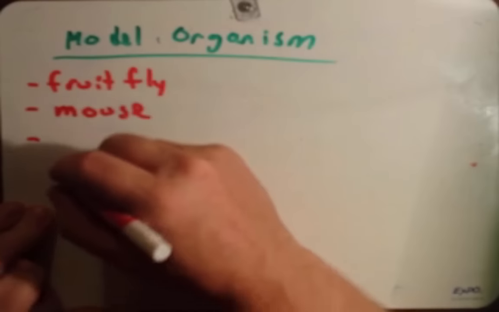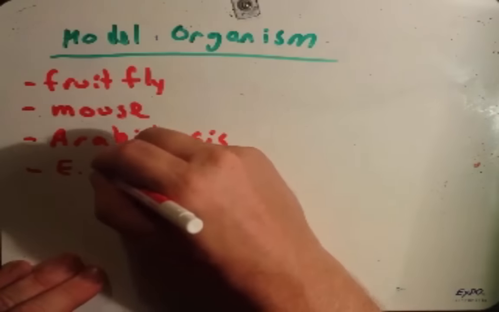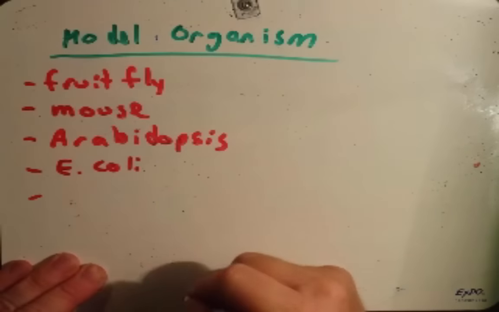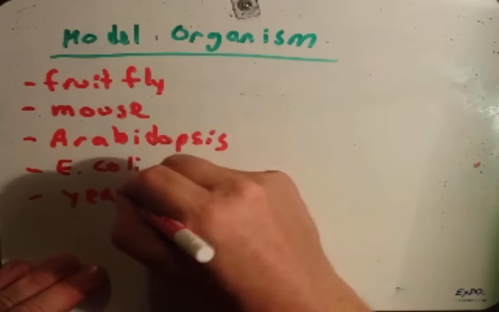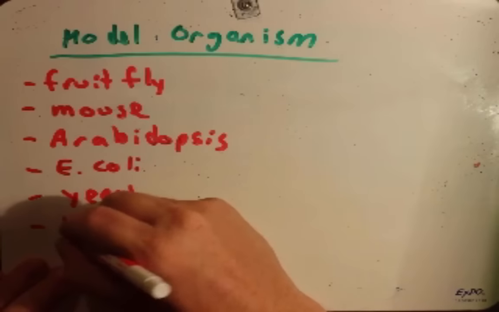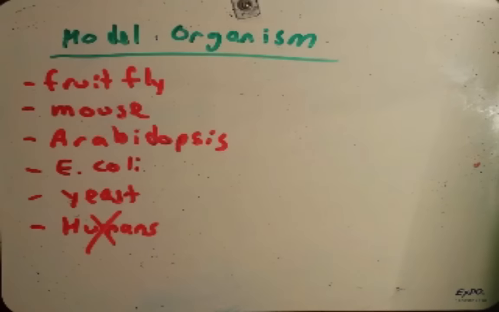It could be a plant model organism. A popular one would be Arabidopsis. Bacteria, like E. coli, would be another really important model organism. A single-celled eukaryote, like yeast, would be another good model organism. An organism like humans is not a good model organism.